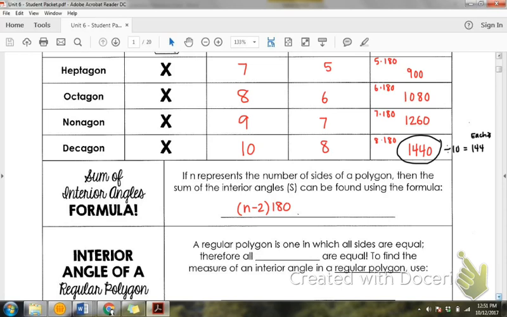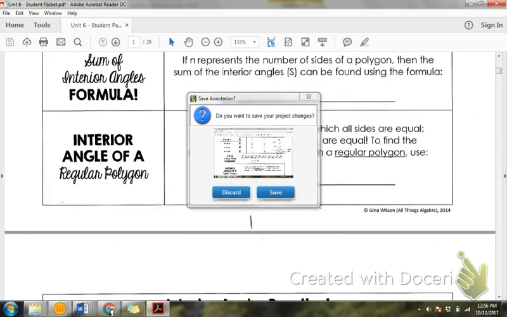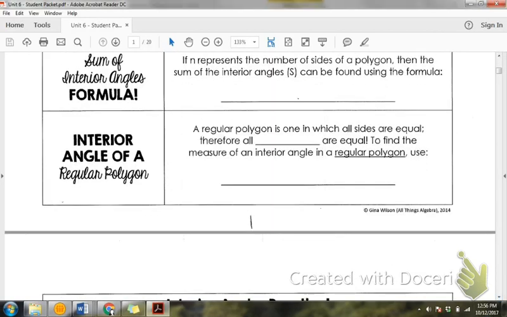There's your blank down there. All angles are equal. I'll go ahead and move this up. Okay, so our formula for that is going to be to find out how much each angle is.